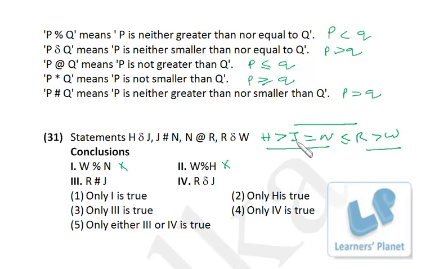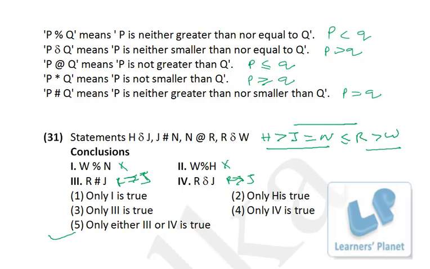So R is definitely greater than or equal to J. Here R is equal to J, and here R is greater than J. So R is greater than or equal to J. So definitely either third or fourth is true. So you see that we didn't solve these two because both of them are from different sequences. So once you are able to find out the proper sequence, the question will be very easy, right?